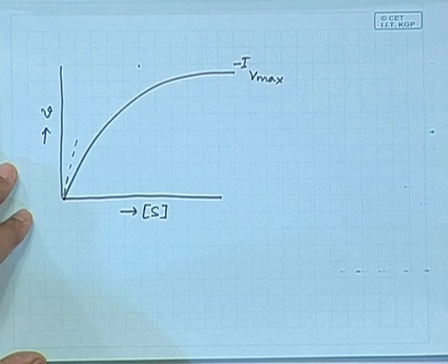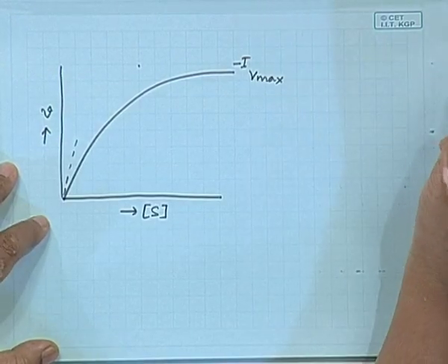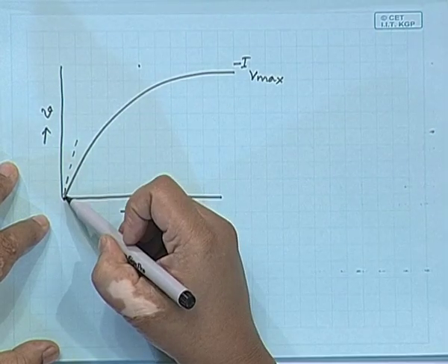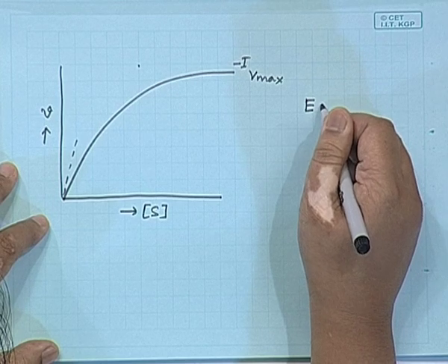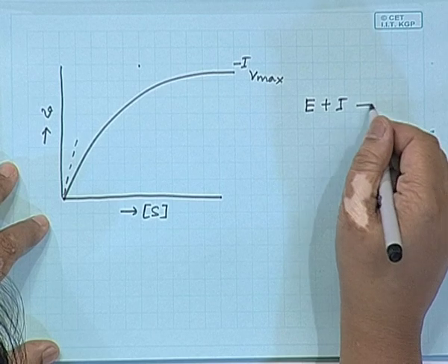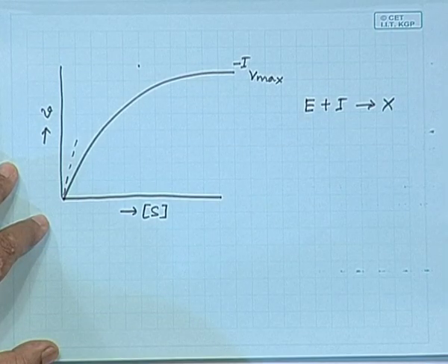Because the total amount of enzyme is not available, and the Kcat also decreases, the Km also is affected, but the difference here is that this E plus I does not take place. There is no E plus I here.